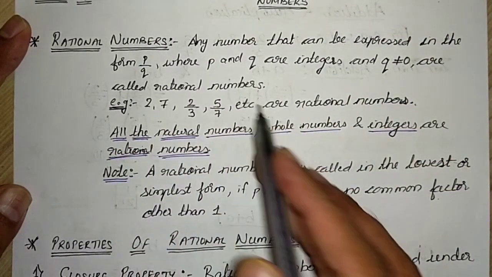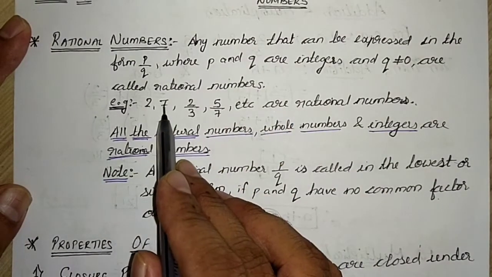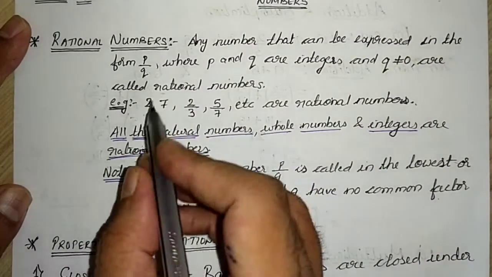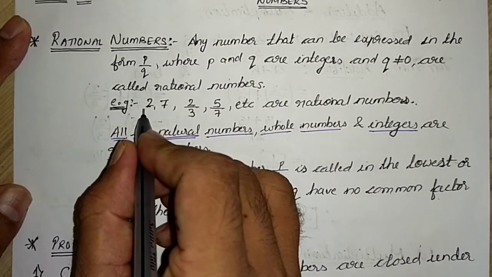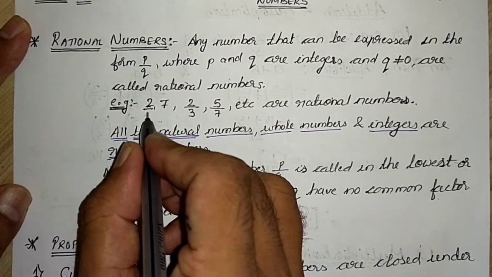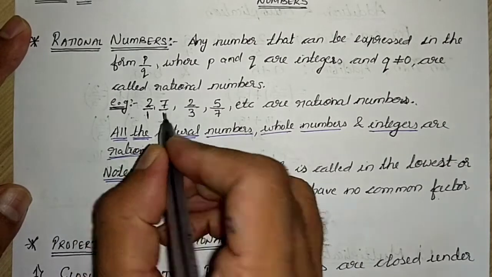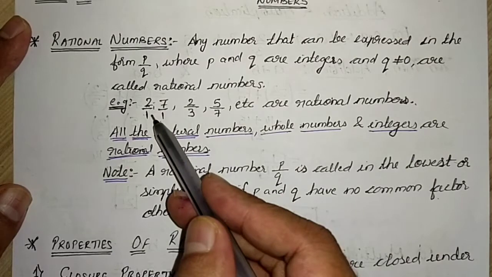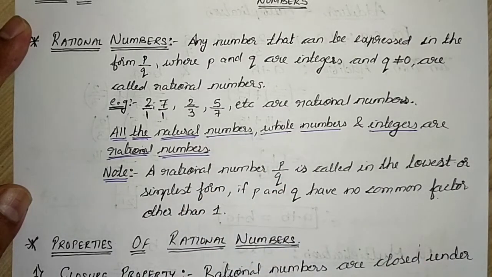Students, any number which can be written in P by Q form. I have told P by Q form, but here it is 2. But students, 2 in division form has 1 as the denominator. In division, any number always has 1. So any number which is in the form P by Q, where P and Q both are integers, is called a rational number.